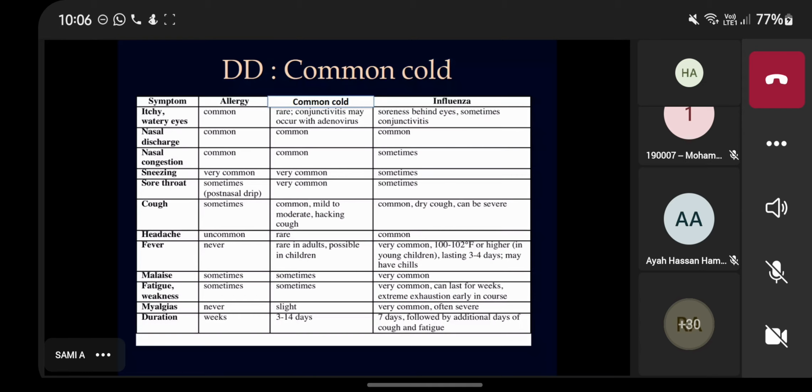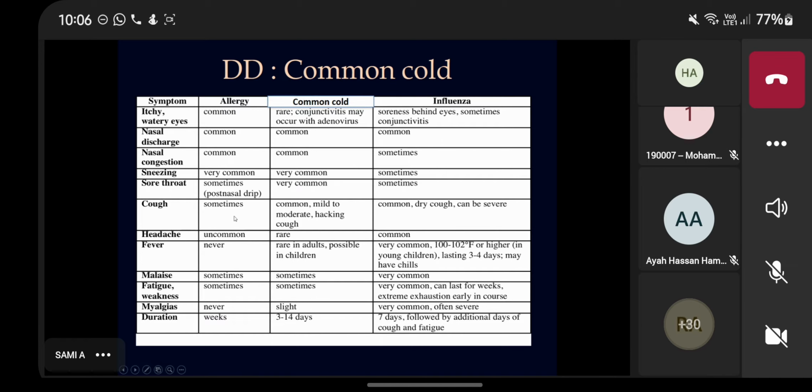However, the influenza virus usually presents with more severe symptoms in comparison to the common cold. These children will have very high fever, malaise, fatigue, and weakness, and their symptoms may be quite severe during the first week.